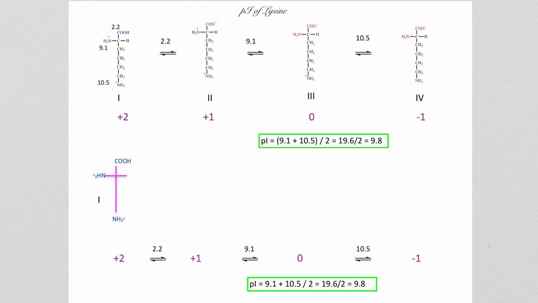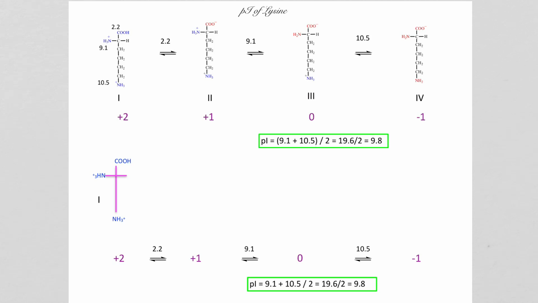So now you look at the structure that gives you a net charge of 0, and we see that in structure 3 because a negative carboxyl neutralizes a positive amine. So now we simply take the pKs on either side of this structure 3 that has a net charge of 0, 9.1 plus 10.5, take the average of the two divided by 2, and you have your pI of lysine, which is 9.8.